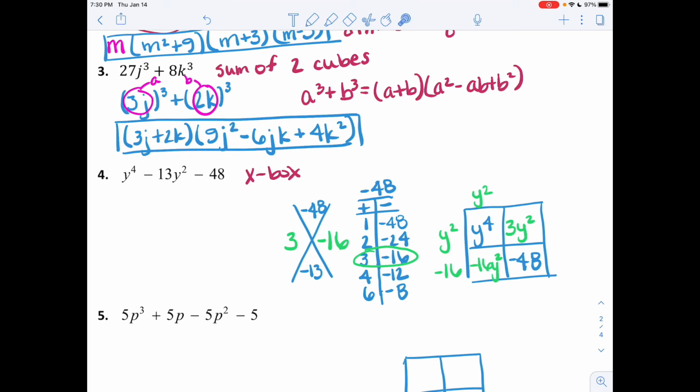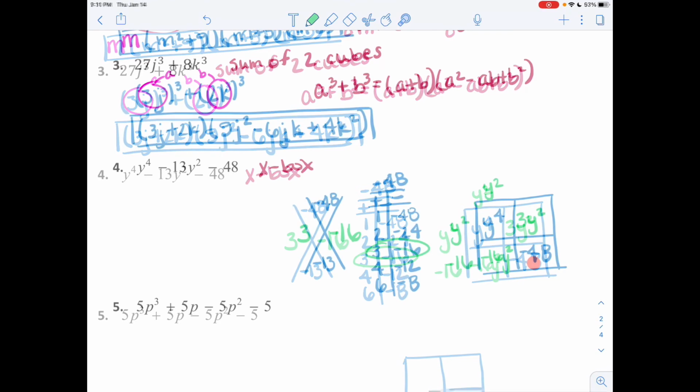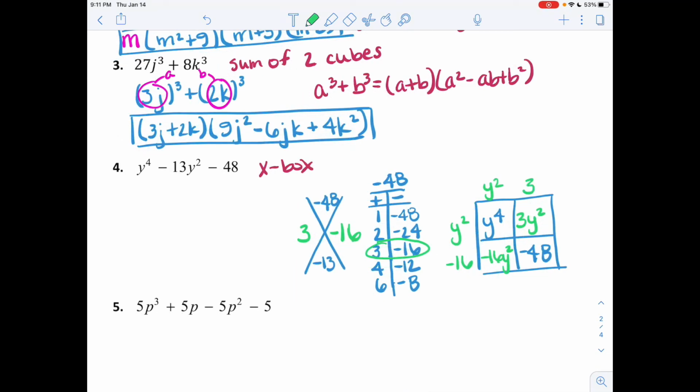And if I look at the second column, 3 will divide into 48. 3 will be my GCF. So now I'm ready to rewrite my factors over here on the left where I have some room. I'm going to say y squared plus 3 and y squared minus 16.